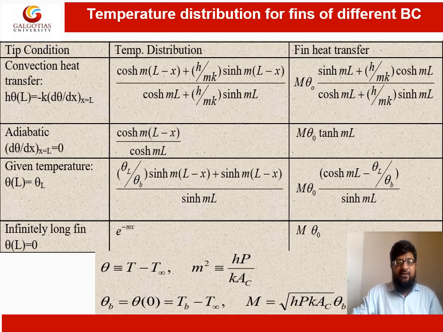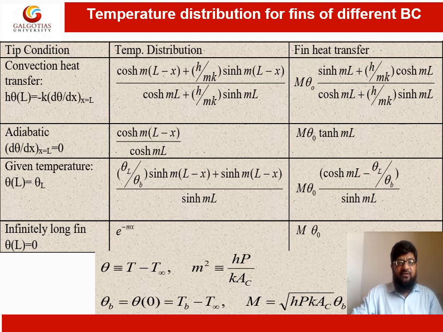So based on the boundary condition, we can get the different solution to the above ordinary differential equation. In this table, we have summarized the temperature distribution T(x), and once we get the temperature distribution, we will get the fin heat transfer also.